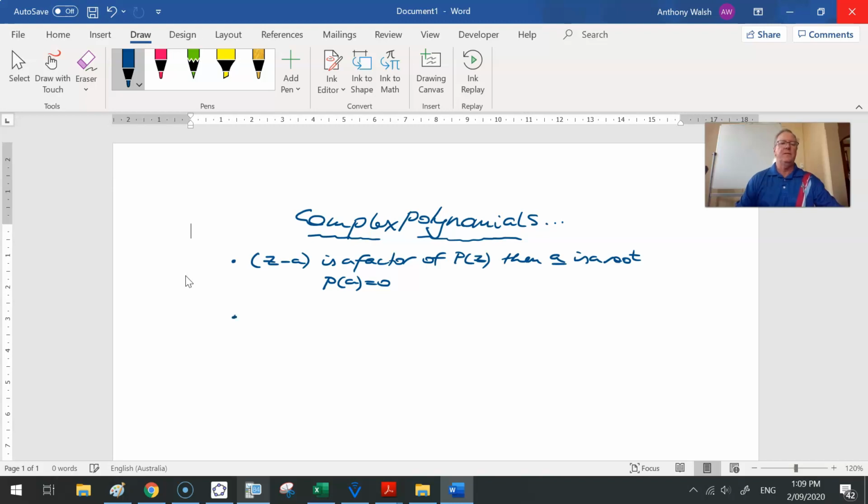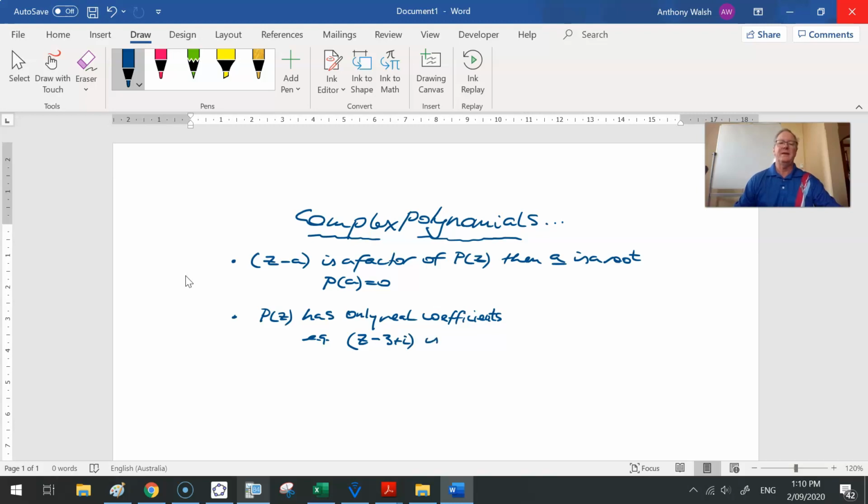But if we're talking about a polynomial again, and it has some complex zeros, and therefore some complex factors, but the original polynomial has only real coefficients. So everything in front of the terms, the coefficients, are real, but there are complex zeros. So for example, if I've got a polynomial and this thing is a factor, z minus 3 plus i, just for example.